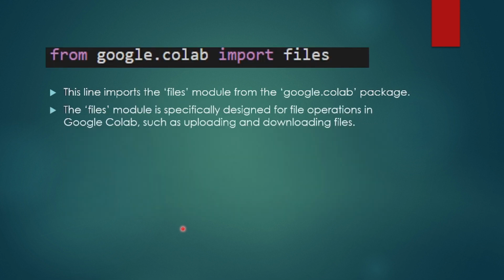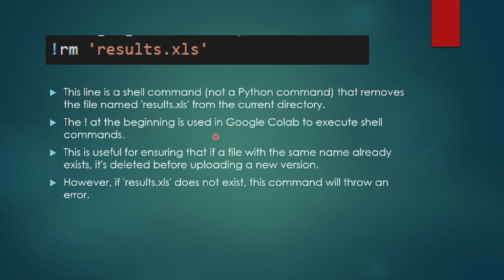So the first line is basically meant to import the files module from the Google Colab package. And that files module, once imported, you can later use to, for example, upload and download files. So this is essential if you want your code later to work.